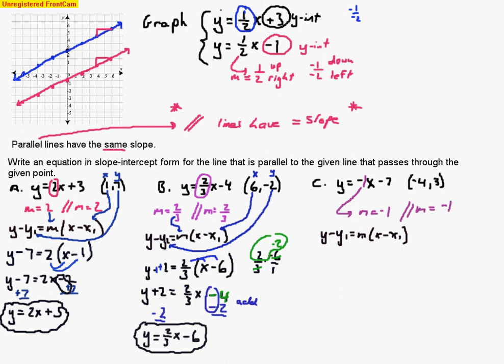Well, we can go ahead and take that slope of negative 1, and we can take the point with the x value of negative 4, put that in for x1, the y value of 3, that goes way over here in place of y1, and rewrite what we've got left over. So what we have is y minus 3 equals the slope of negative 1 multiplied by x minus negative 4.